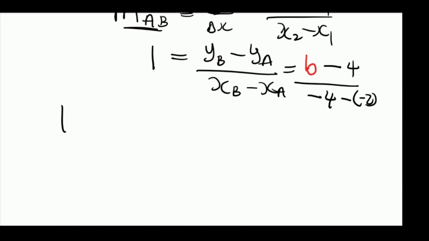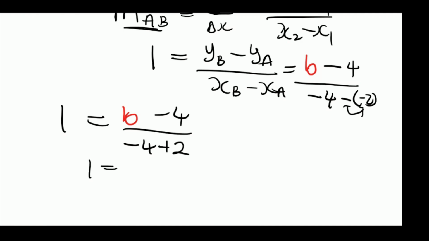So we know 1 equals b minus 4 over minus 4 plus 2, this negative and this negative will multiply, so we have plus 2. So it's going to be 1 equals b minus 4 over minus 4 plus 2, which is minus 2.